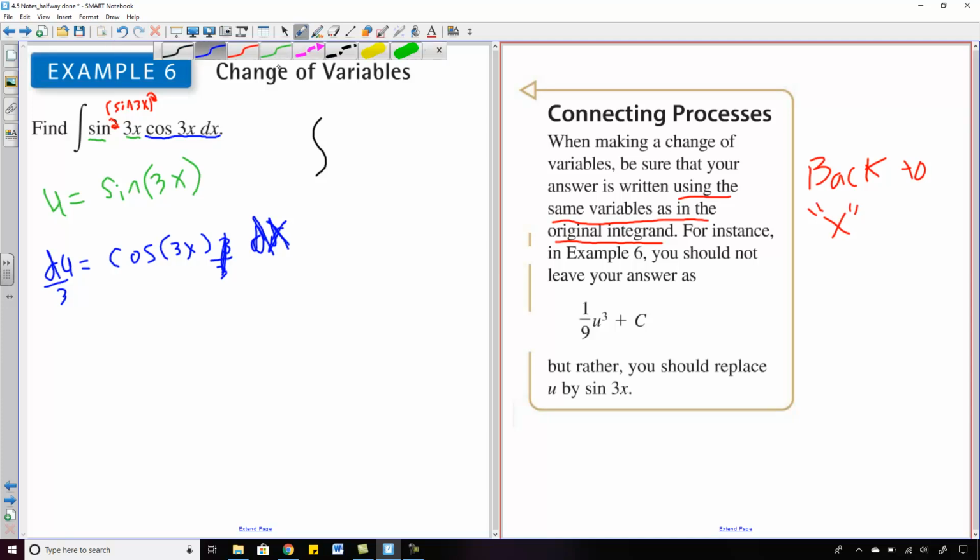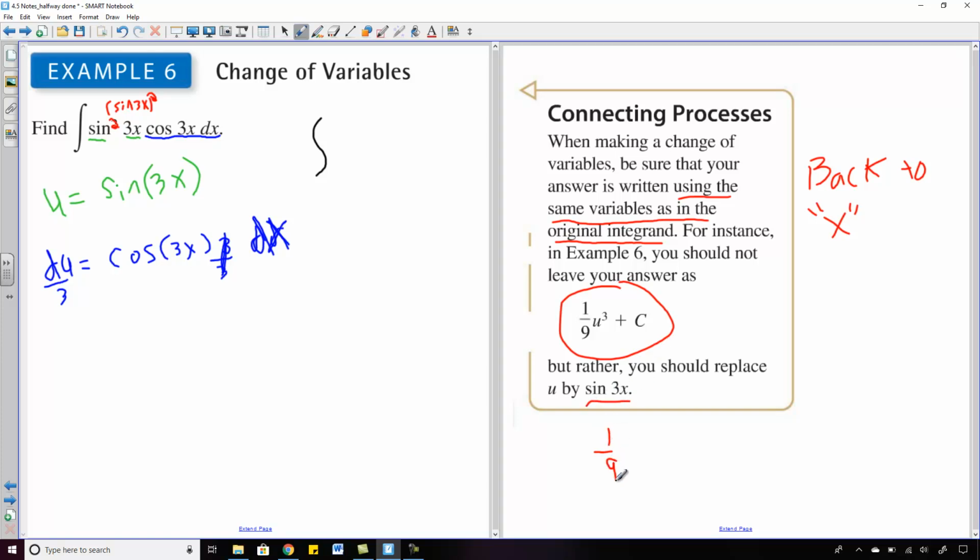So see if you get this answer over here, because that's what you're looking for. But then you change it with a sine of 3x. So I think you want 1/9 sine of 3x to the power of 3 plus c. So that's your answer. So pause the video and give that problem a shot.